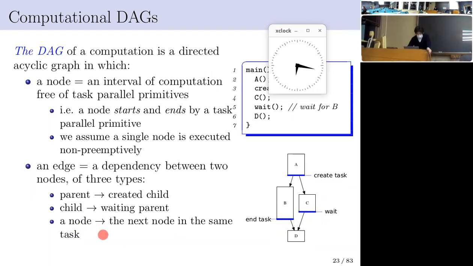From one node to the next node in the same task. A, C, and D are all in the same task, the parent task. In each task, things happen sequentially: after A, then C, after C, then D. So there's always a dependency between computations that happen in the same task.